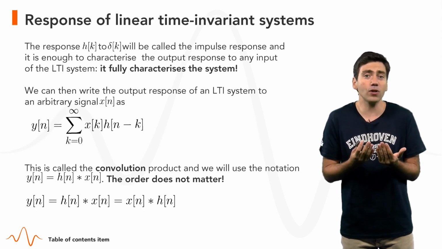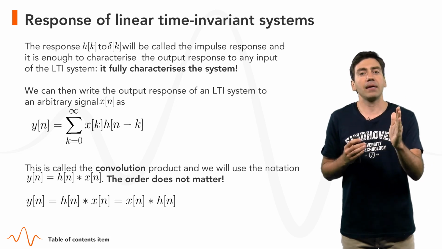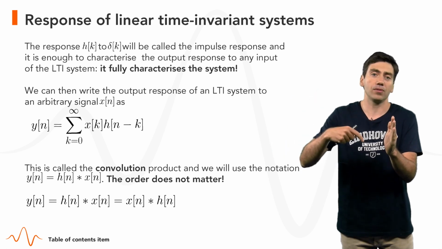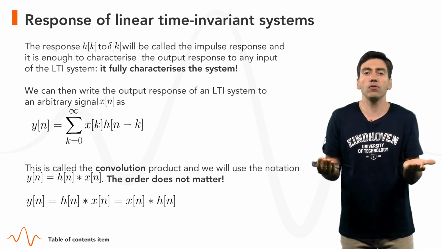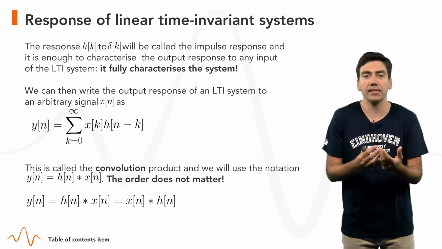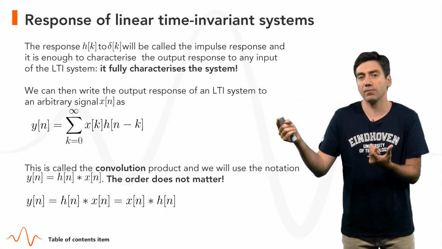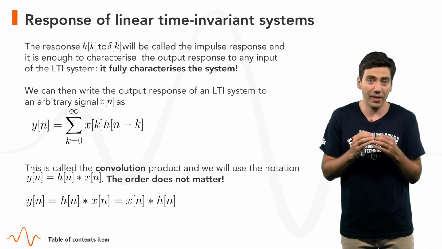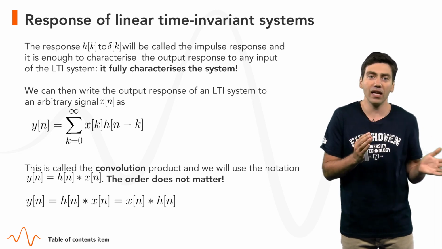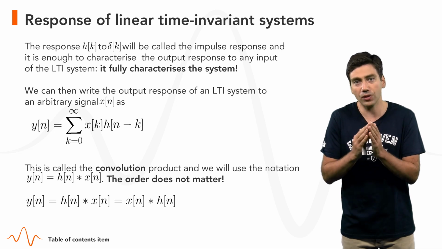And this simply follows from the fact that if we apply a pulse at time 0, we cannot have an output that starts before time 0. That would mean that somehow those values, at, let's say, n minus 2 and minus 1, would have to guess there would be an impulse at time 0. So the impulse response for causal systems must be 0 for negative time, and can only take non-zero values from n equals 0 onwards.